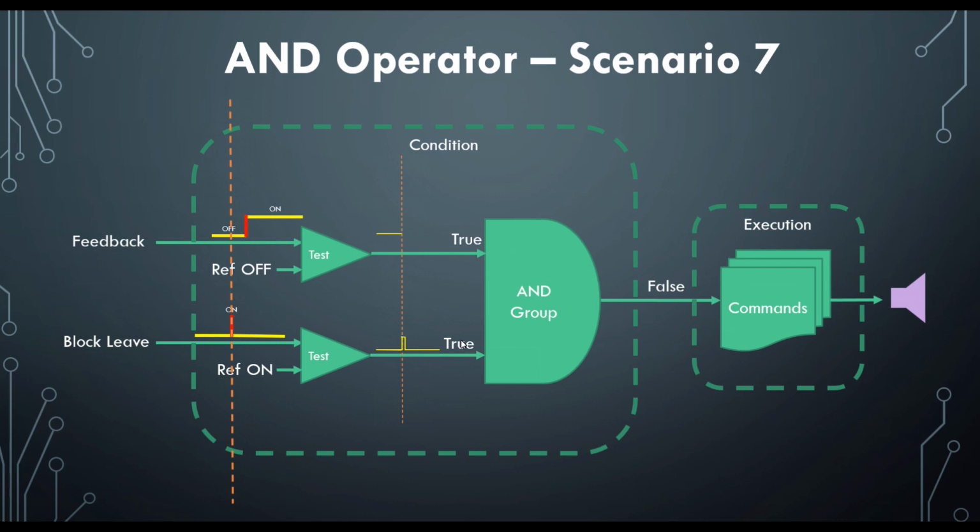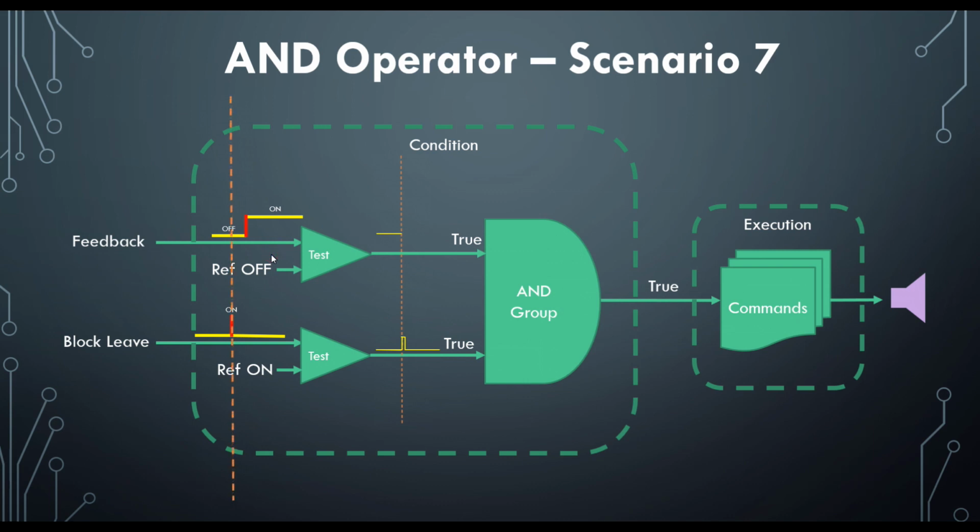So we have a true and a true, which produces a true from the AND group. The condition is met, and so the sound file triggers at precisely this point when the feedback is in its off state. And I think it's worth playing this through to its conclusion.